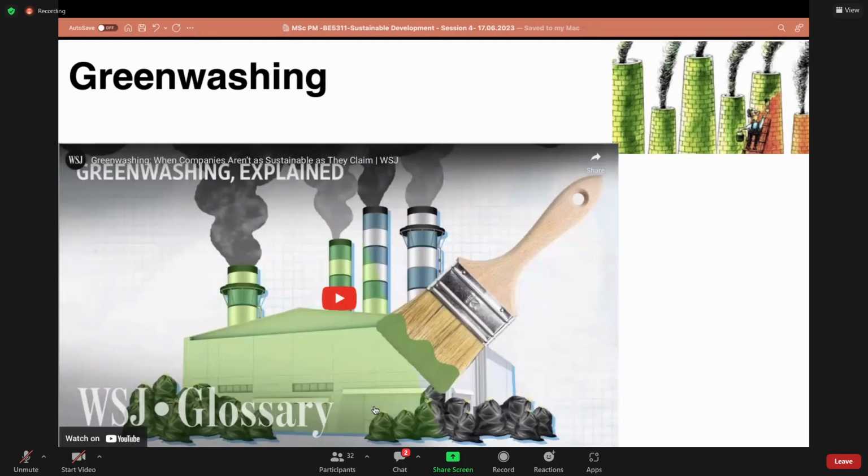So this is one such criticism today, this idea of greenwashing, where many companies are claiming to do things, claiming to be sustainable, claiming to do certain actions, but in actual practice, in actual reality, might not be as sustainable as they claim to be.